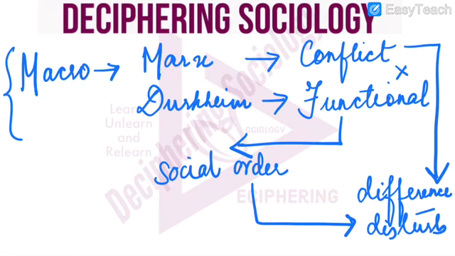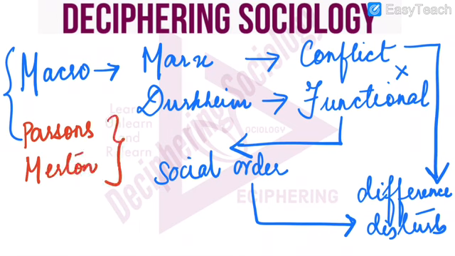Now, in macro theorists, we have two more thinkers. The third thinker is Talcott Parsons. Fourth thinker is Robert Merton.